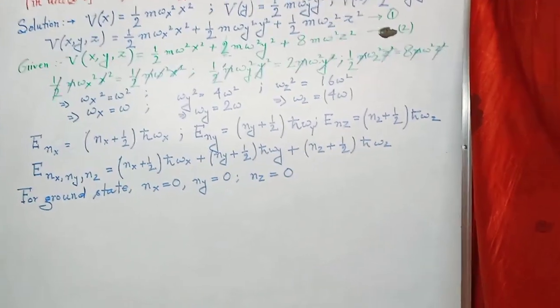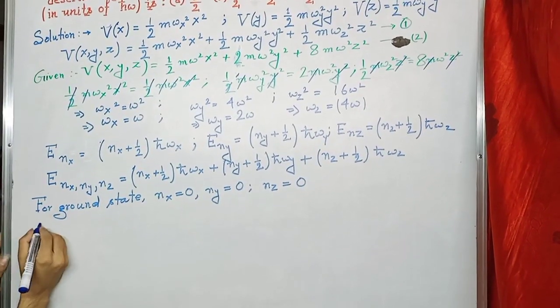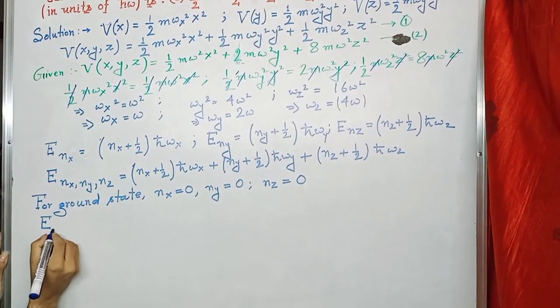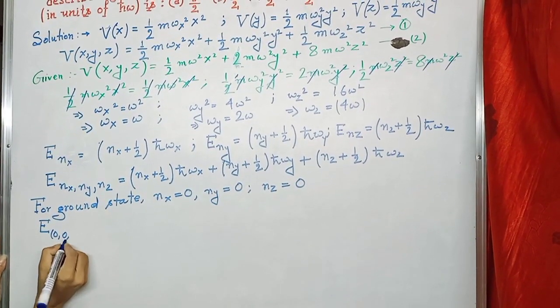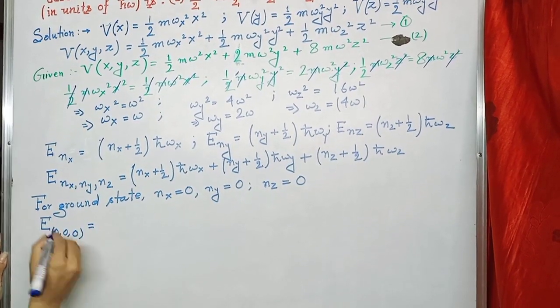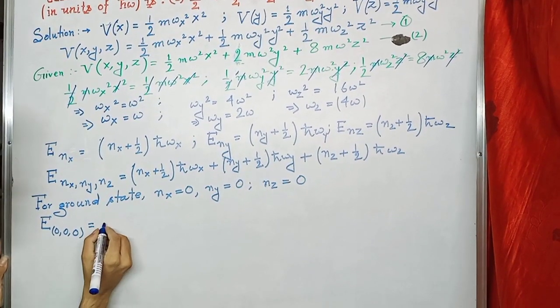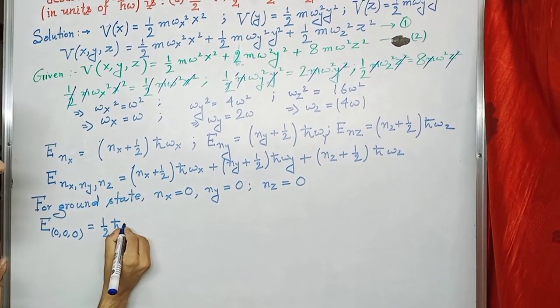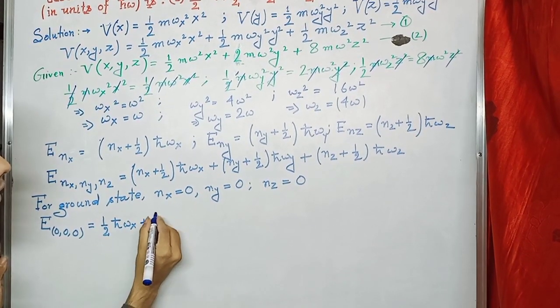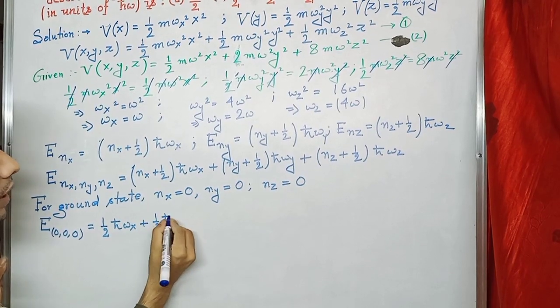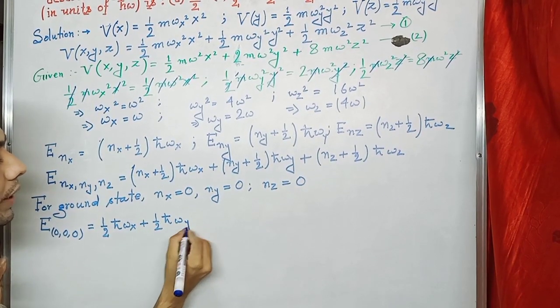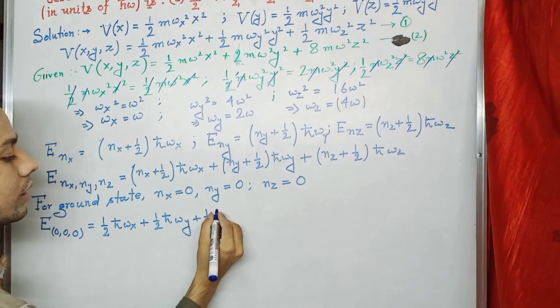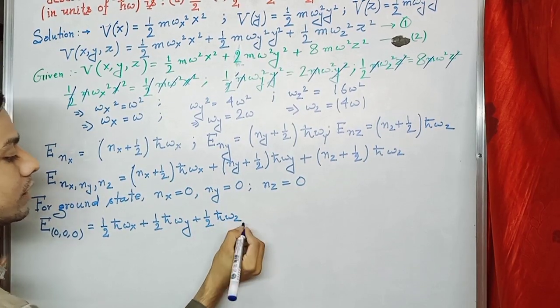If we put these in, the energy at ground state, E 0, 0, 0, will be equal to half h cut omega x plus half h cut omega y plus half h cut omega z.